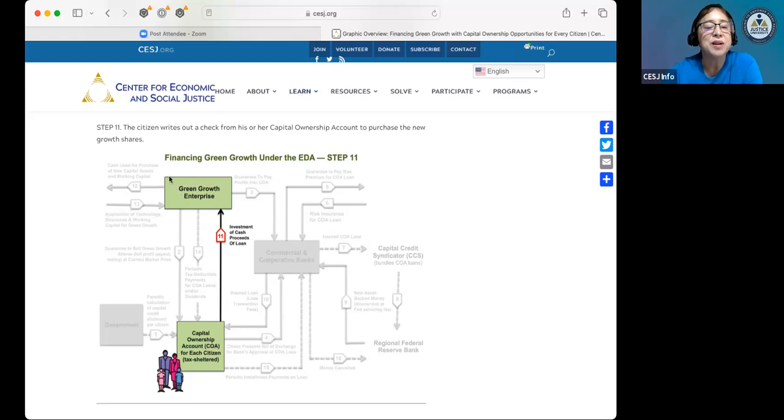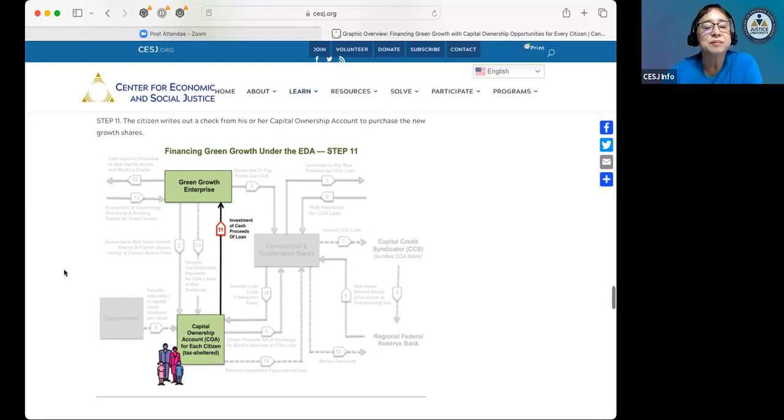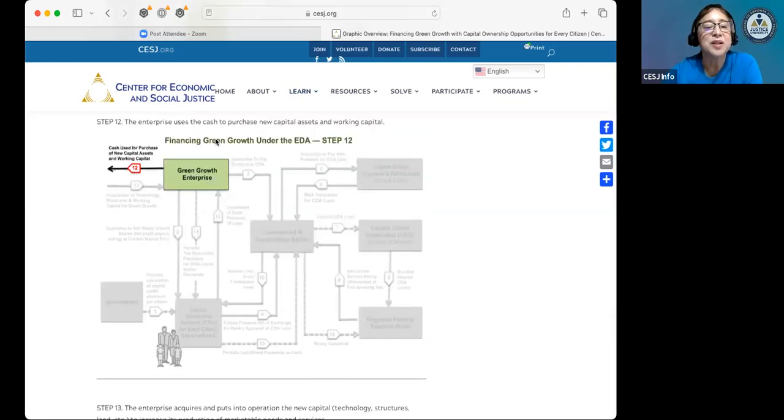It's going to take the money and it's going to use that. As I just said, it uses the cash that it received from the account that was ultimately generated here. It's going to take its cash and it's going to go out and buy whatever capital assets it needs.